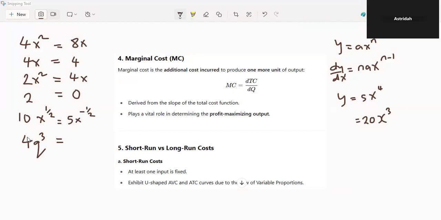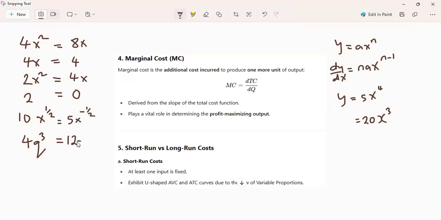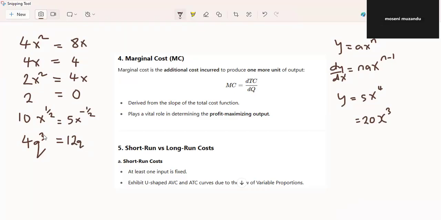Yes, I am. So 4q cubed. So you multiply 3 times 4. What do we get? 12. Then what happened to the power 3? You subtract 1 from it. It will be 2. Correct?